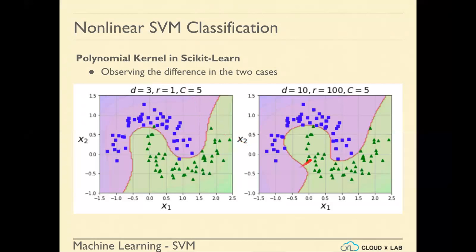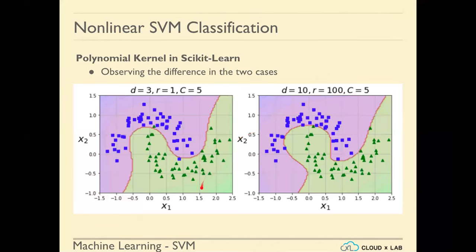Now we increase the degree. We set it to 10, and the coefficient r is 100. And C equals 5 is how much we want to tolerate crossing the border, or crossing the distance boundary. That's what C is.